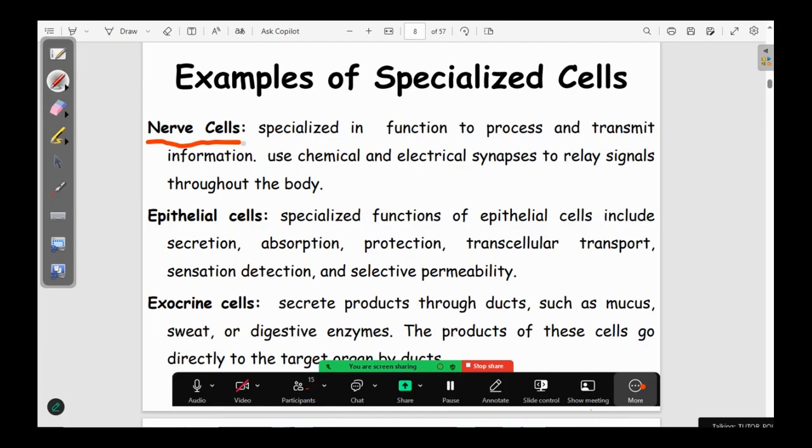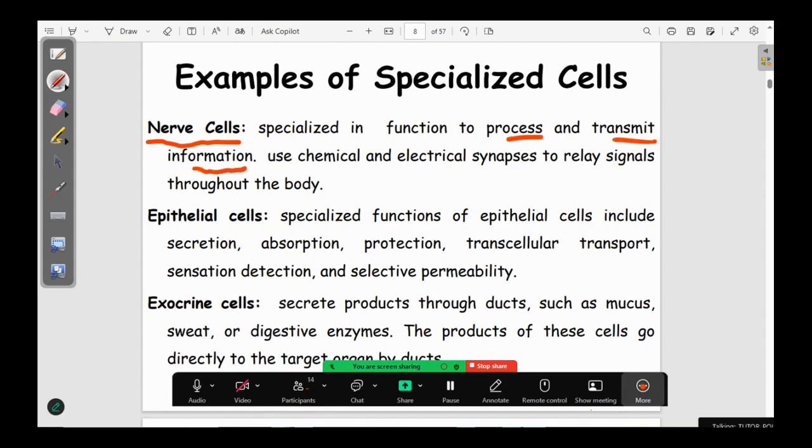So the first one is the nerve cell. These nerve cells are found in the nervous system. Their function is to process and transmit information. For you to see what is on your screen, it's because of what? The nerve cells.